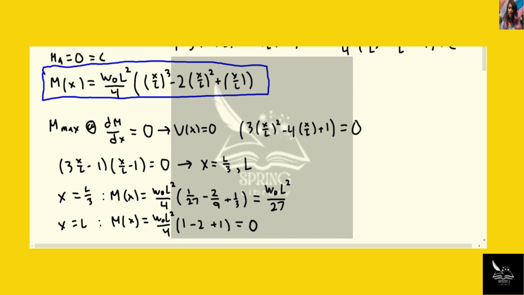So our M max is going to be equal to W0 L squared over 27, and that will occur at x equals L over 3.